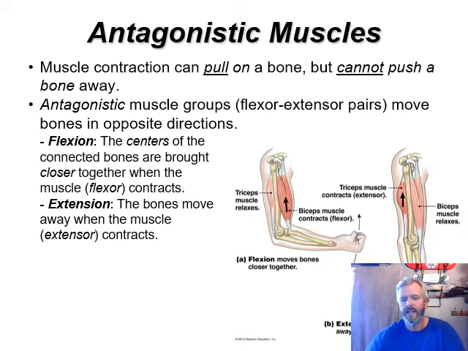Is I have the antagonistic muscle, in this case the triceps, that produce the pulling force to pull my arm into extension. Okay, so that is why we have to have these antagonistic muscles, because a force is only a pulling force. There is no pushing force to these muscles. It is the shortening that is causing the force.